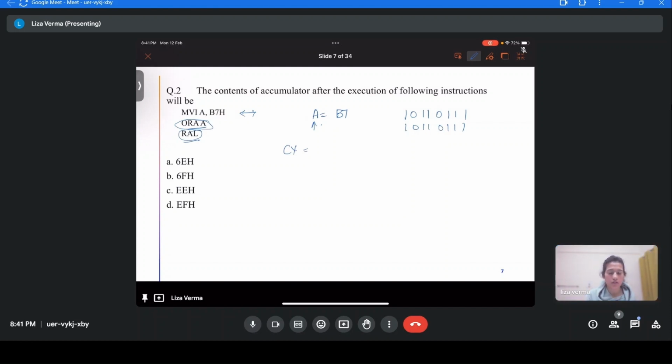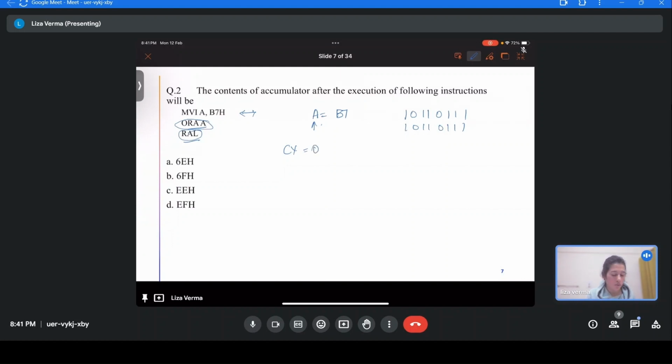No such operation was done that had to modify the carry flag. Since nothing was changing the carry flag, it will be 0.